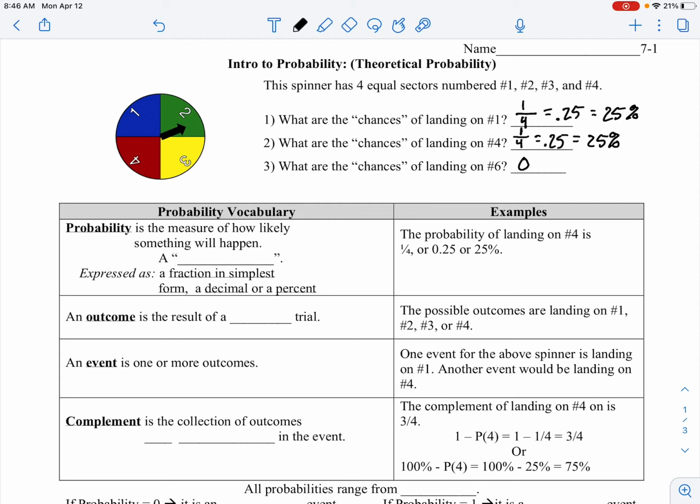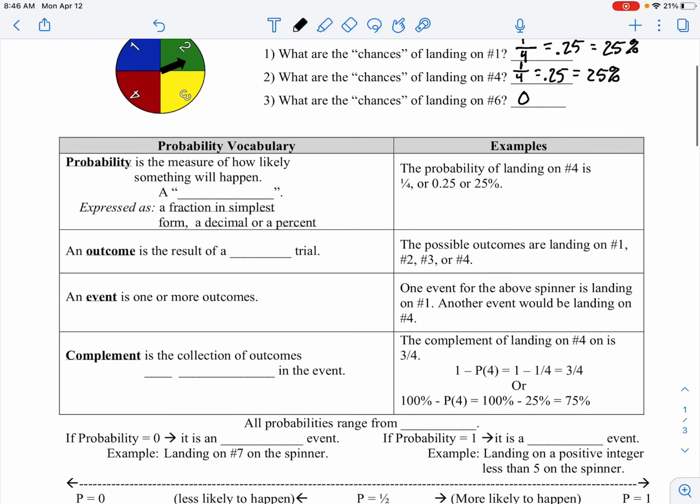Alright, so now diving into some definitions here. Probability is a measure of how likely something is to happen. Something else we can call that is a chance. What is the chance that if I flip this coin, I will get a heads? What is the chance if I spin this spinner, I will land on 3, etc. There are many ways we can express a probability.